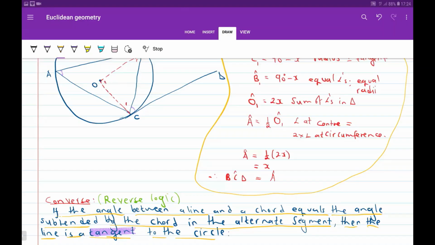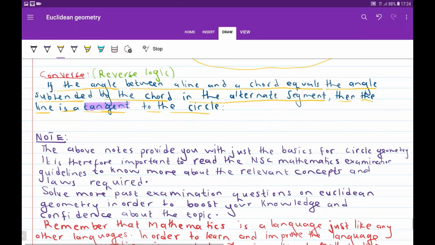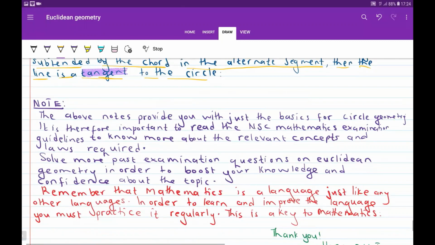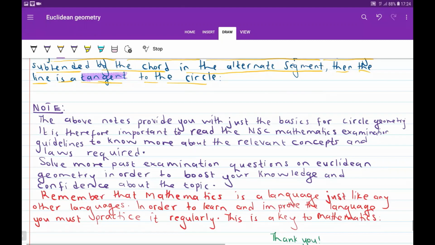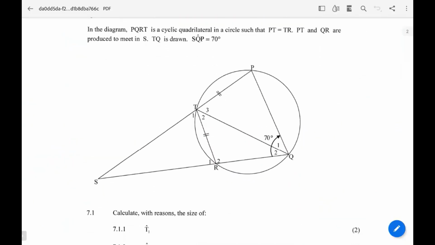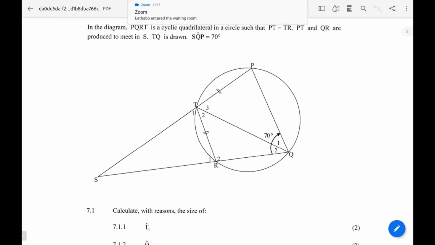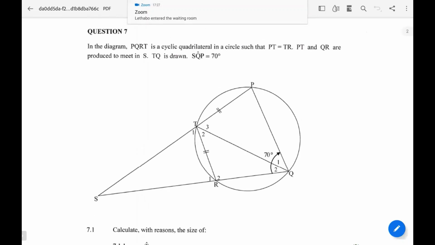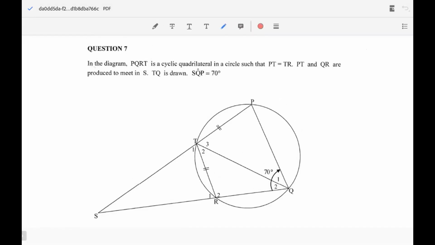So with that review, let's go straight to the application of questions. We have the first question, which is question number 7. In the diagram, PQRT is a cyclic quadrilateral in a circle such that PT equals TR.